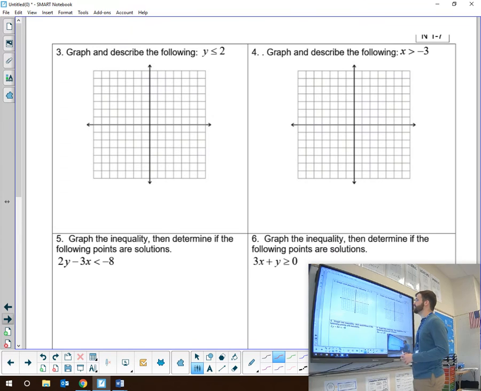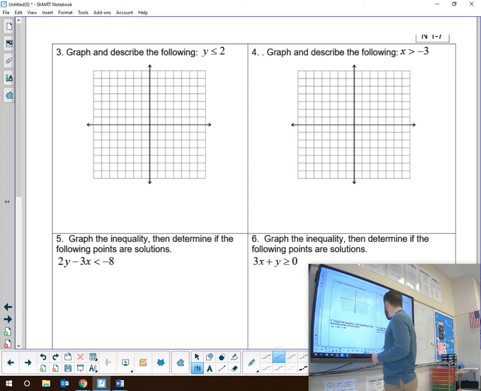And let's talk about what happens whenever we just have a y or just have an x. Okay? So if I have y is less than or equal to 2, remember what we do here. My slope is going to be 0, and my y-intercept is going to be at 0, 2.